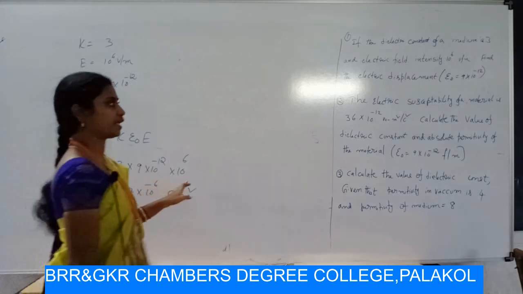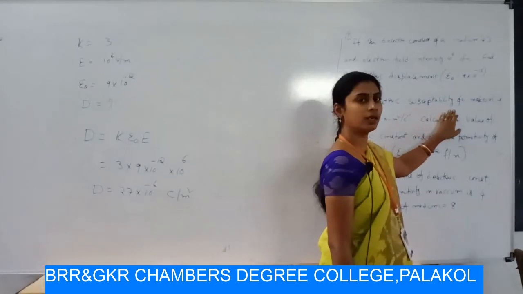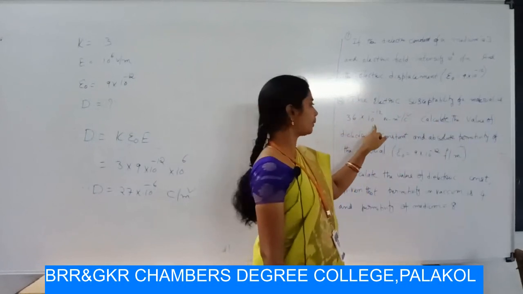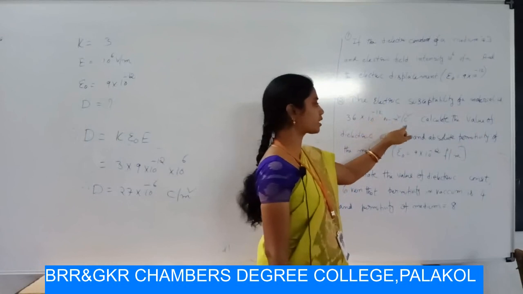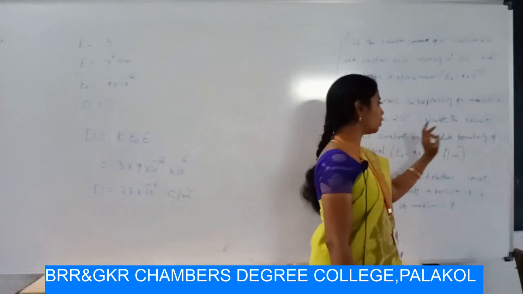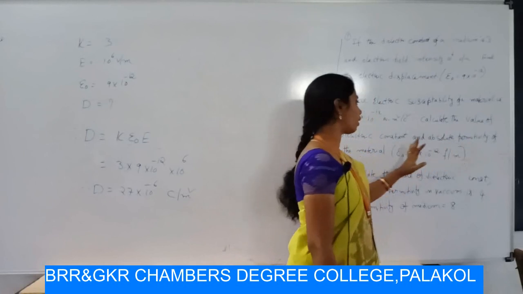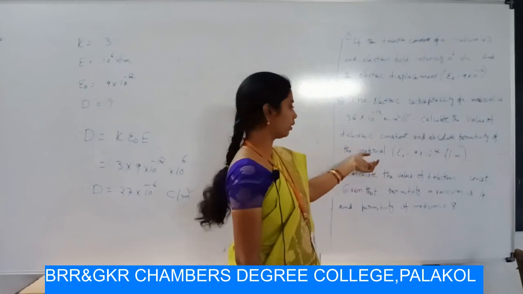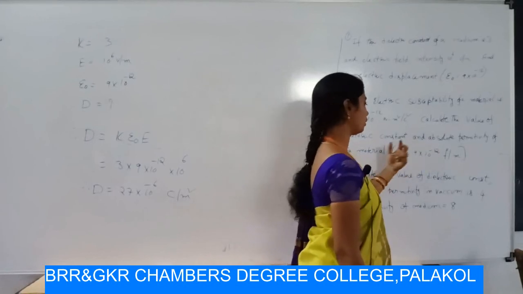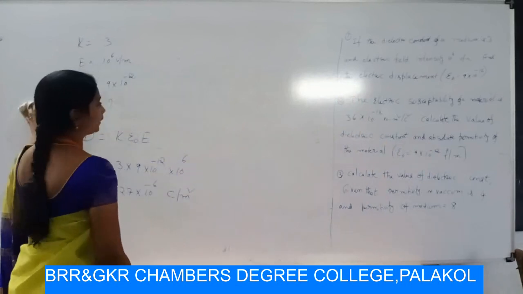Our next problem is: the electric susceptibility of a material is 36 into 10 power minus 12 Newton meter square per coulomb square. Calculate the value of the dielectric constant and the absolute permittivity of the material. Here the epsilon naught value is also given, 9 into 10 power minus 12 Farad per meter.